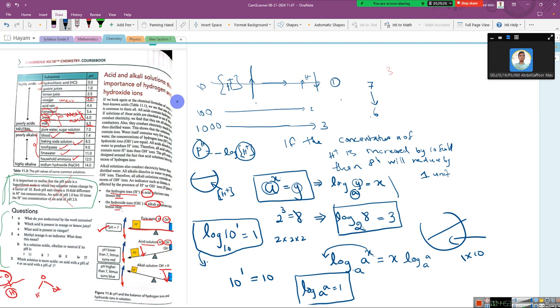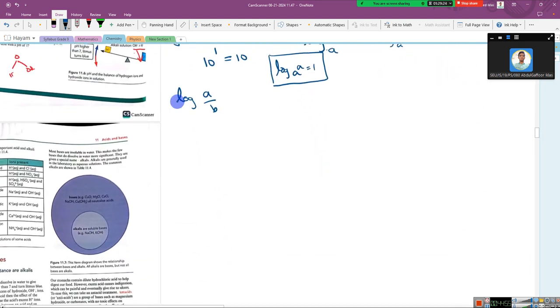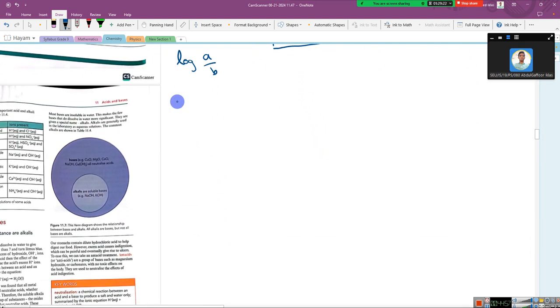Okay, now if the pH is 1, now let's consider, pH scale can start from 1 and it can go till 14, right? Now for pH we have learned an equation, right? Your colleagues might not know this equation, but you know it. What is that?